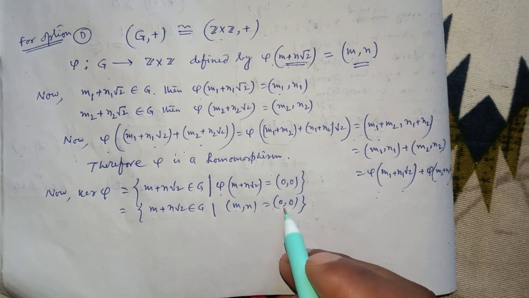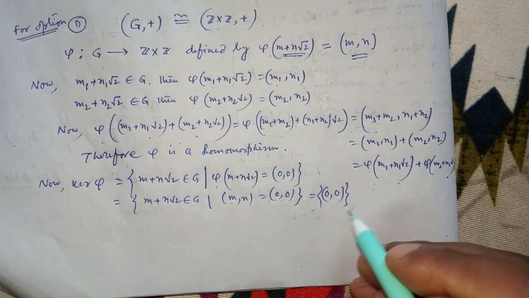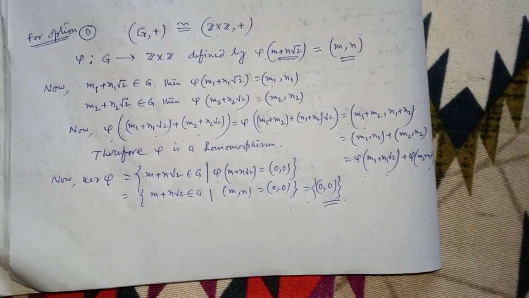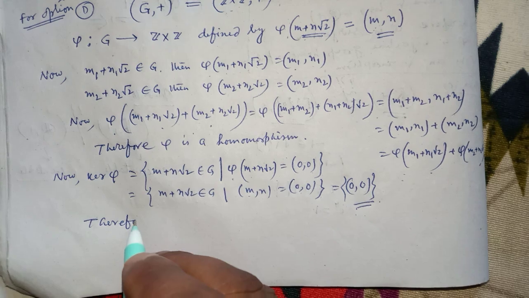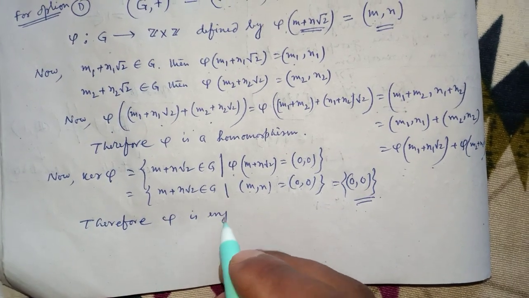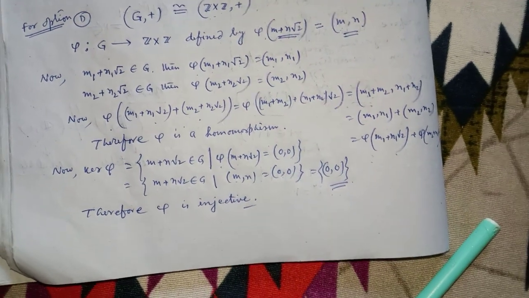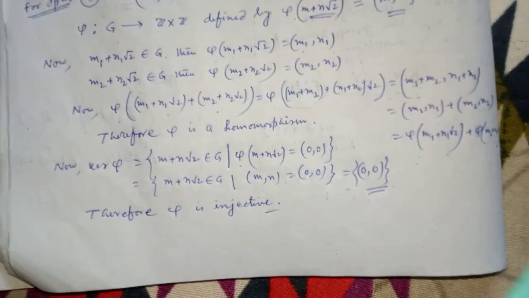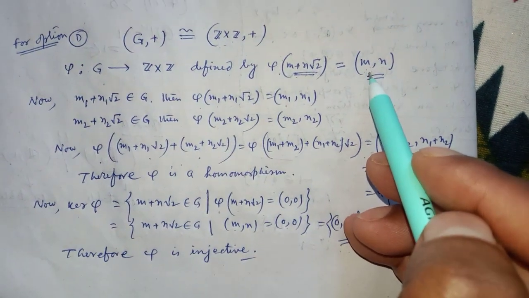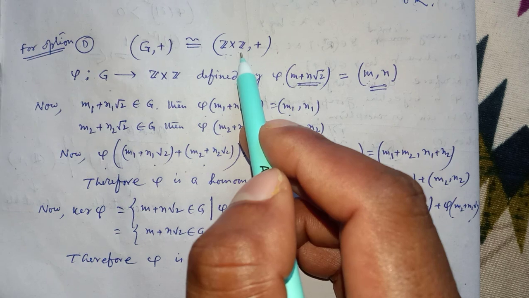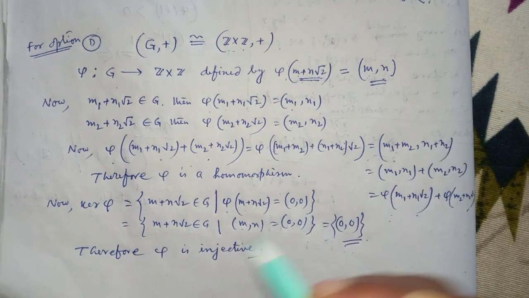That means m is equal to 0, n is equal to 0, that is the identity element. Therefore phi is injective. And for every element m comma n in Z cross Z, there exists an element m plus n root 2 in G. Therefore phi is surjective.